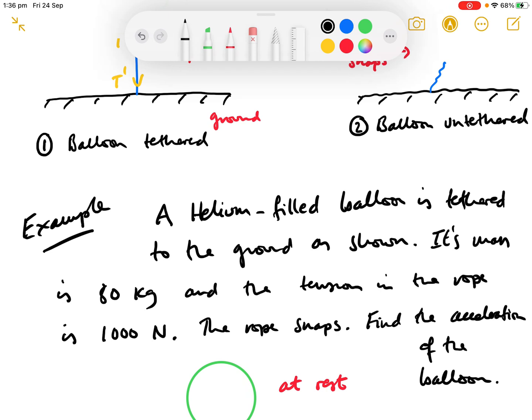And the tension in the rope is 1,000 newtons. The rope now snaps. Find the acceleration of the balloon.